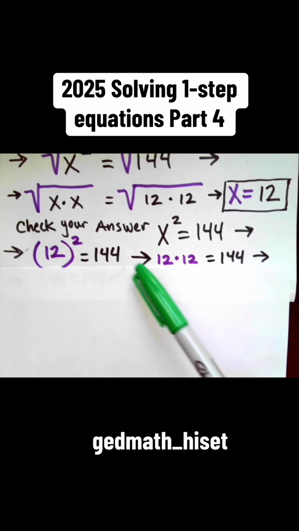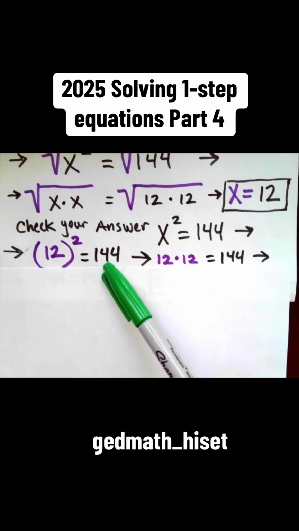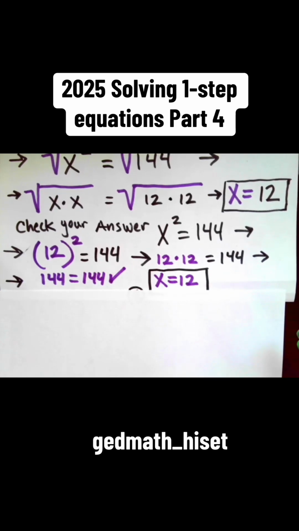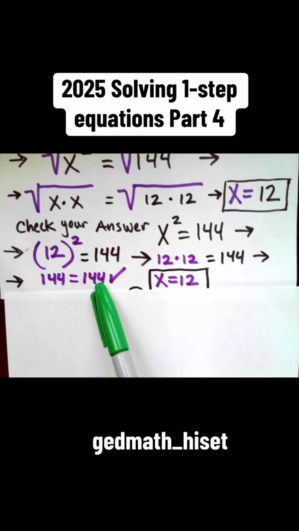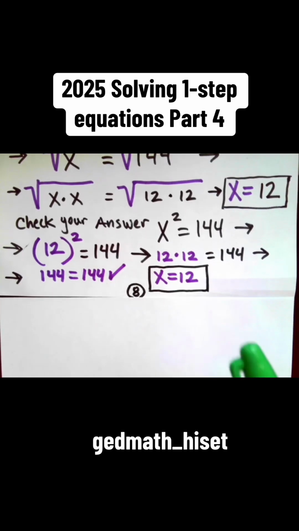And 12 squared means 12 times 12. Well, if 12 times 12 equals 144, then x has got to equal 12. And so we've checked our answer. 144 equals 144 is a true statement. x has got to equal 12.